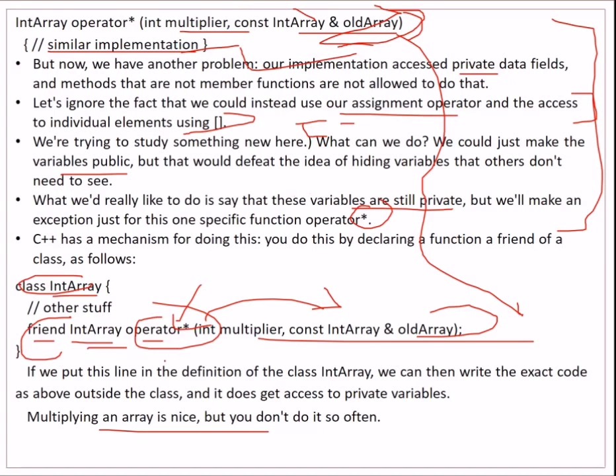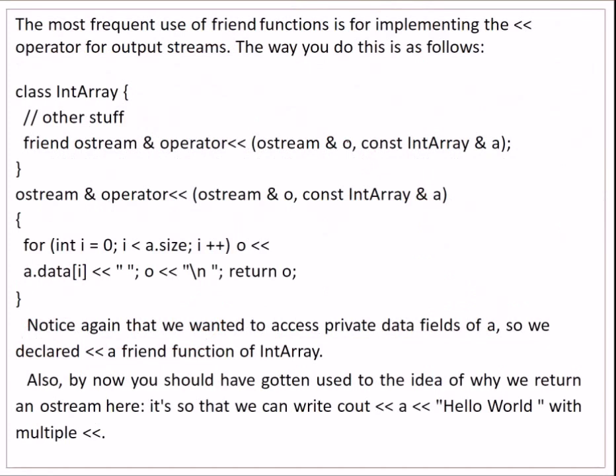And multiplying an array is nice, but sometimes you may not need it. There is, however, a frequent usage of friend functions for implementing the insertion operator and extraction operator. This is for outputting to streams. So how do you do that?